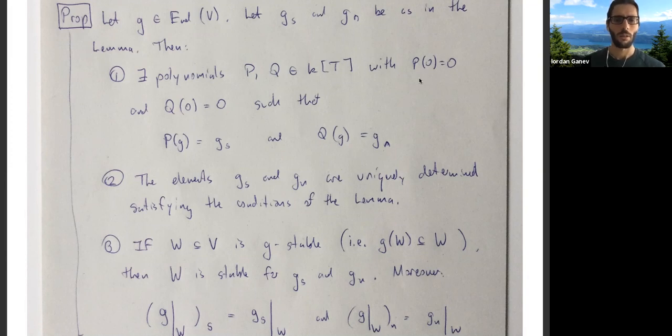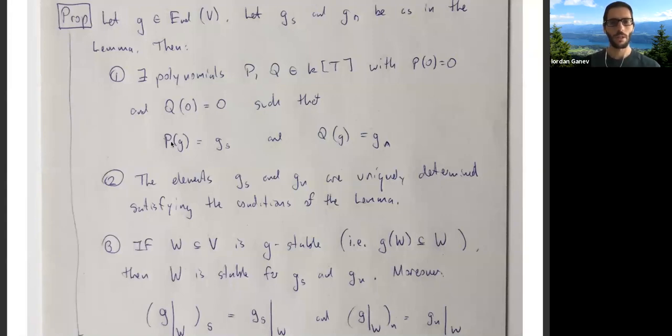And P of G will be equal to G sub S and Q of G is equal to G sub N.